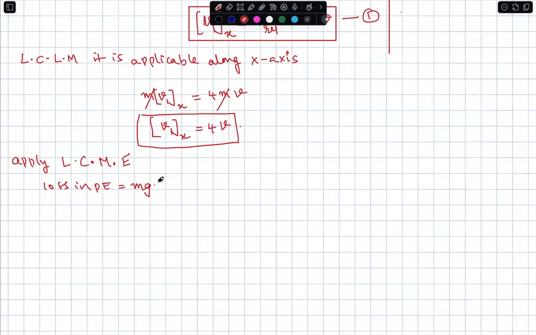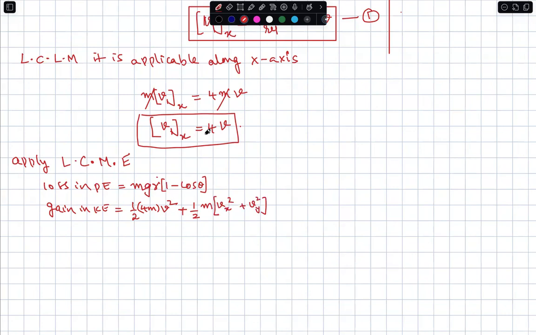Loss in potential energy is mgR times 1 minus cos theta. Now, gain in kinetic energy has two forms. One is the hemisphere, with V given in the data. Plus one more form, half m times Vx square plus Vy square.